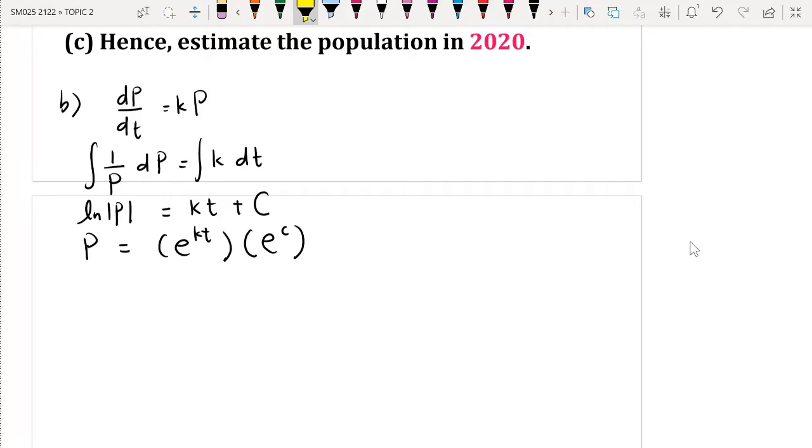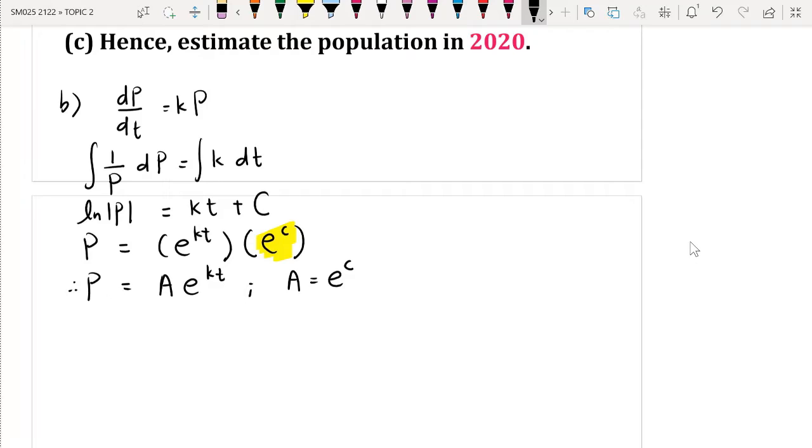Because in the next part we have to find the constant. To make it easier, I change e to the power of the constant into one variable only. Let's say A. So finally, our P is A e to the power of kt, where A is e to the power of the constant. Now we get our P equation.